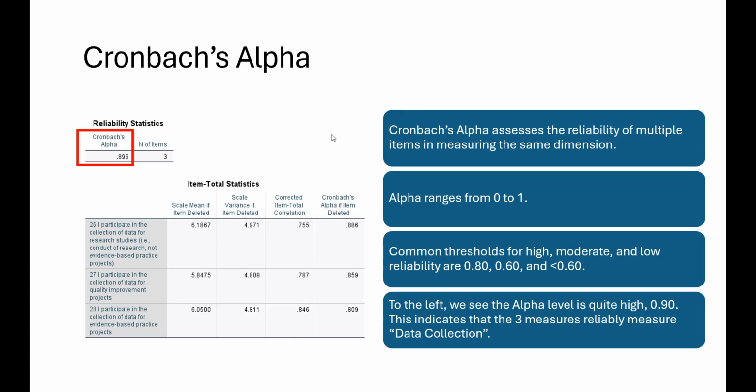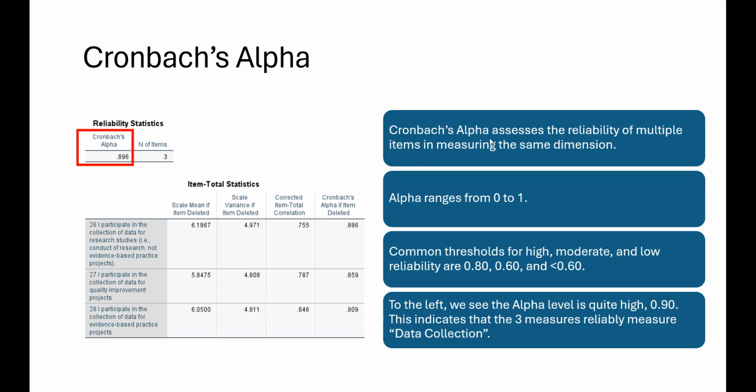But usually anything above 0.90 is considered excellent, 0.80 is considered very good, and 0.70 to 0.75 or higher can be considered good as well.